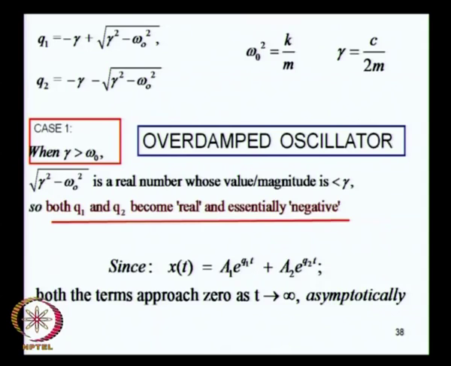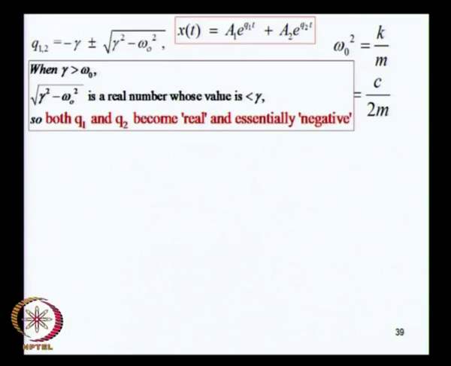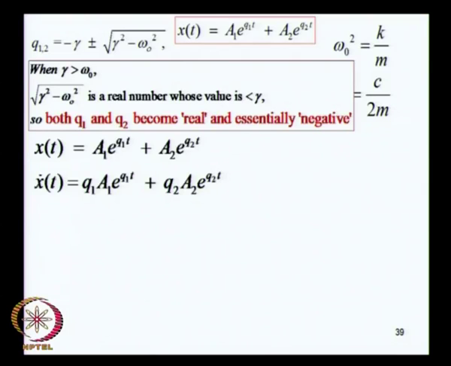In other words, this oscillator can never hit the equilibrium in finite time. It will need infinite time to come back to 0. So, this is the case we are dealing with, and these are the two solutions.